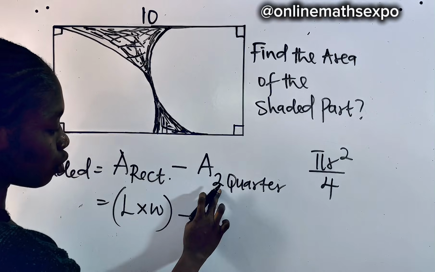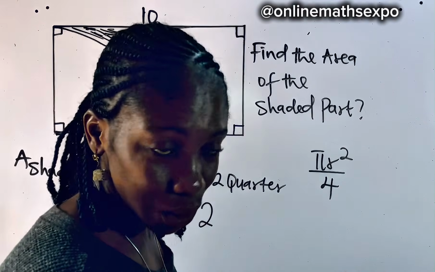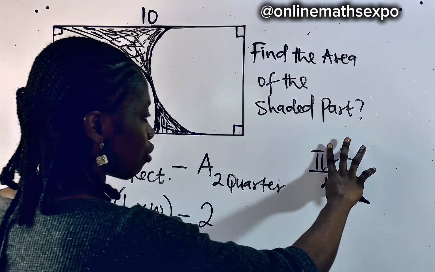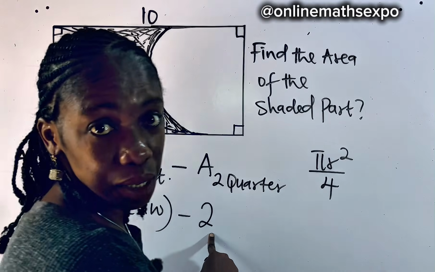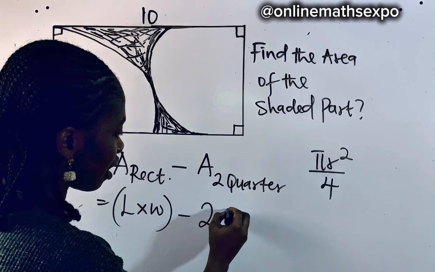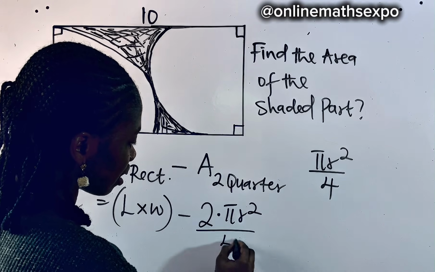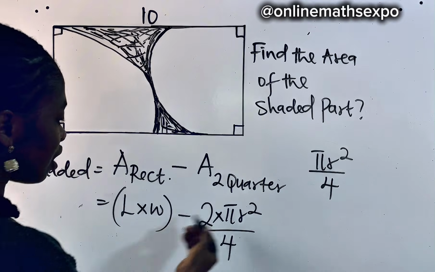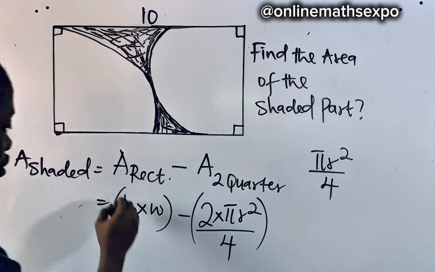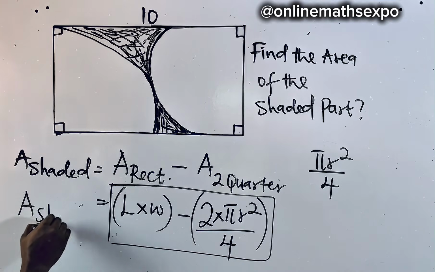Because they are 2 and identical, we get the area of 1, then multiply it by 2. So it's going to be 2 multiplied by pi r squared, divided by 4. And this is what we should do to find the area of the shaded part.